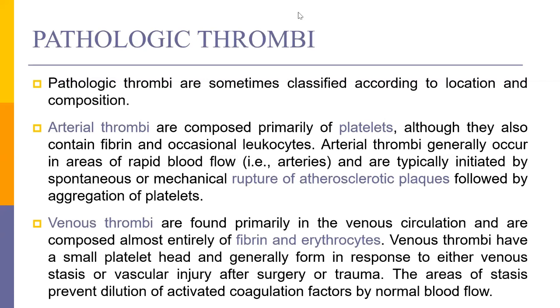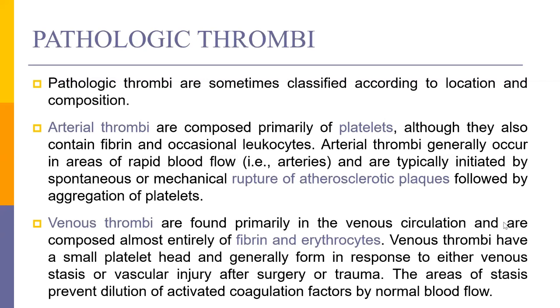The areas of stasis prevent the dilution of activated coagulation factors by normal blood flow. So we have the arterial thrombi and the venous thrombi, and it's in the venous thrombi that we have the fibrin and the erythrocytes, normally occurring after vascular injury, surgery or trauma.